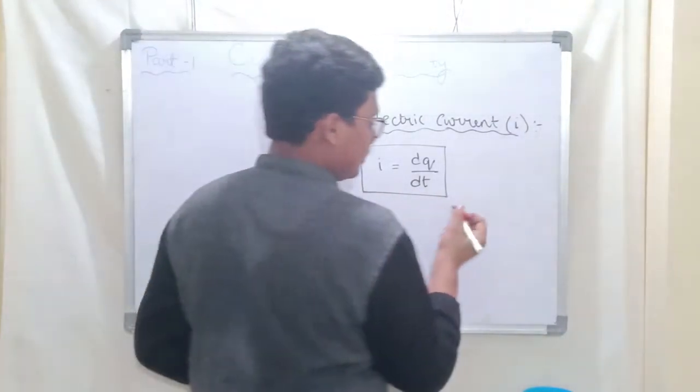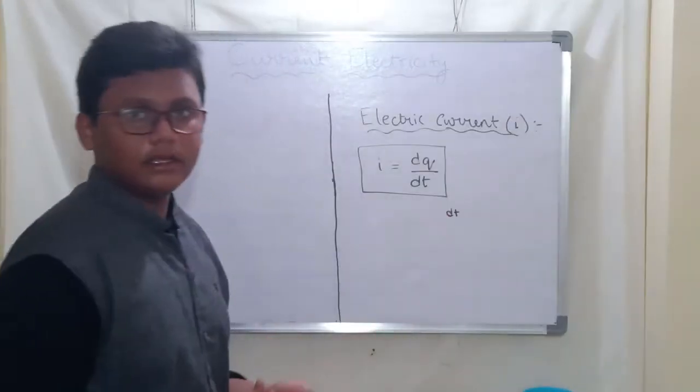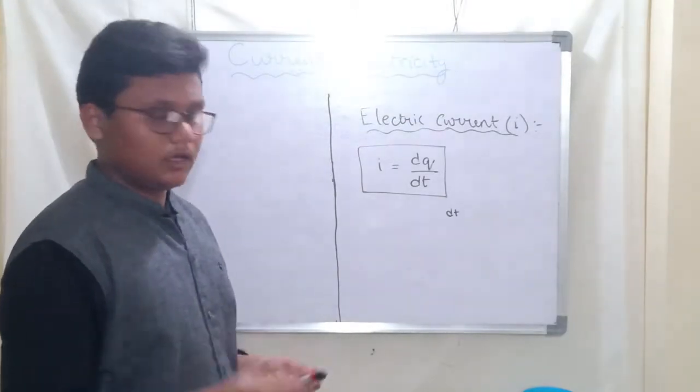When dt is a very small interval, by the word derivative, by the d, we can understand that it's a very small interval of time.